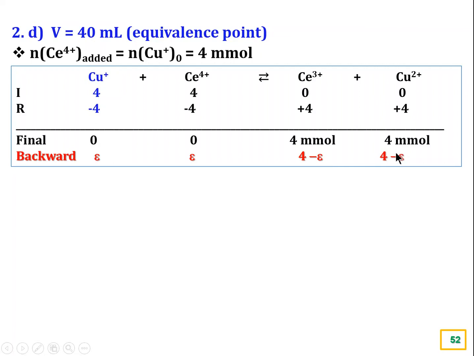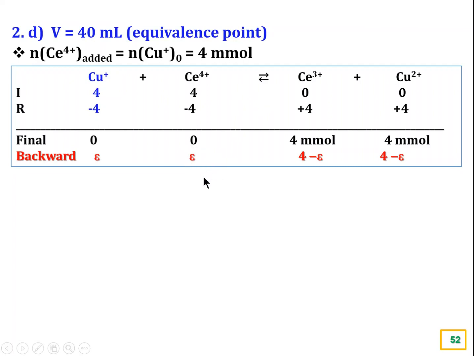As we said, the reaction will proceed in the backward direction, but this reaction is very limited. So we have 4 minus epsilon, 4 minus epsilon, epsilon, and epsilon, and we can neglect epsilon with respect to 4. So now to calculate the potential of the solution, we can use the couple Ce4+/Ce3+ or Cu2+/Cu+, but in the two cases, we have to calculate the value of epsilon.